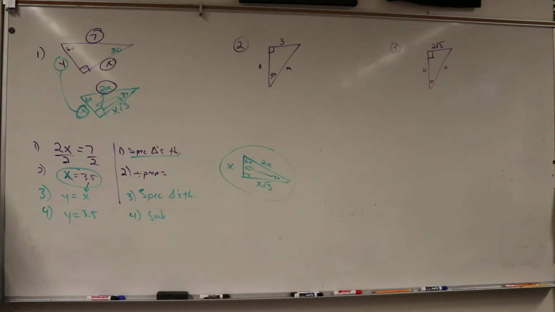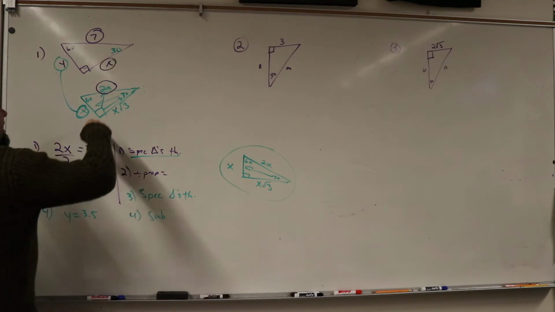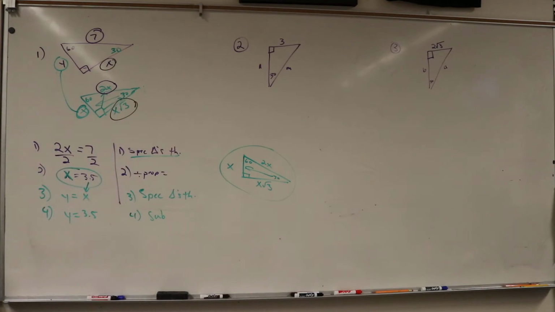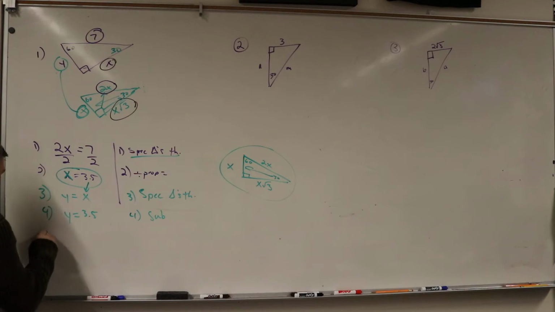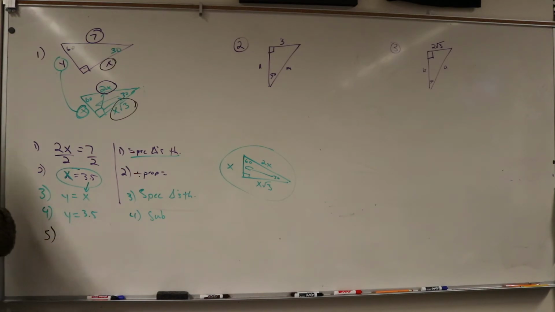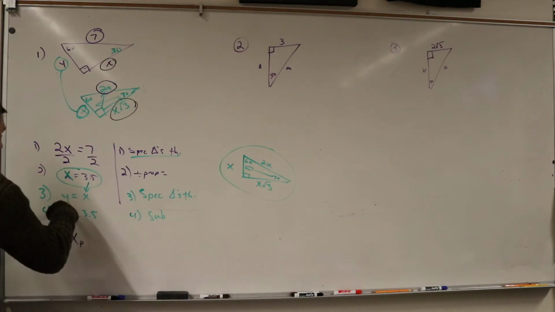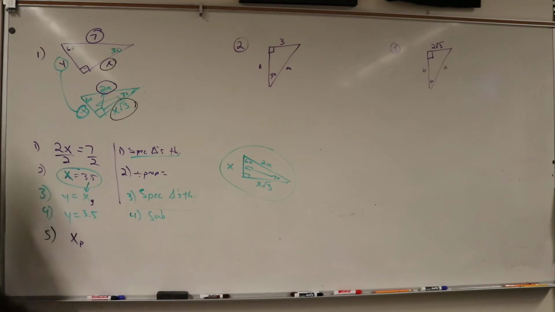That doesn't make sense. But in this case, the purple X is equal to X square root 3. So you would write that. You would say that the purple X, right? And if you don't have a color, then you're going to have to say X sub P, and this would be X sub green or G. Does that make sense? Yes. You're going to have to determine it somehow if you're not changing your colors.